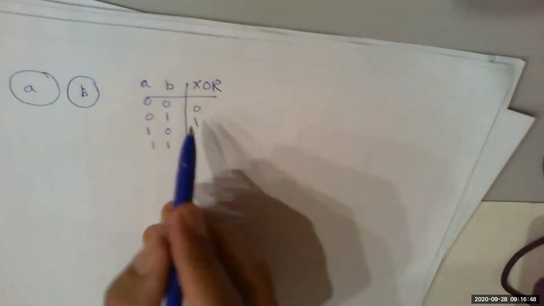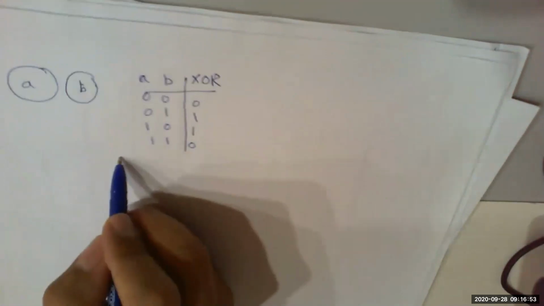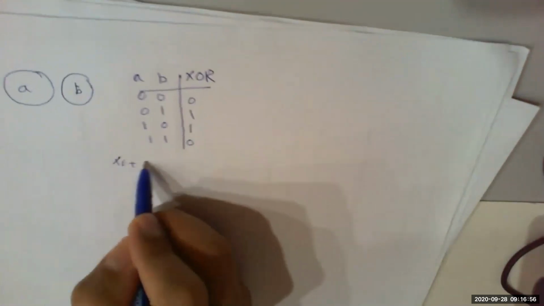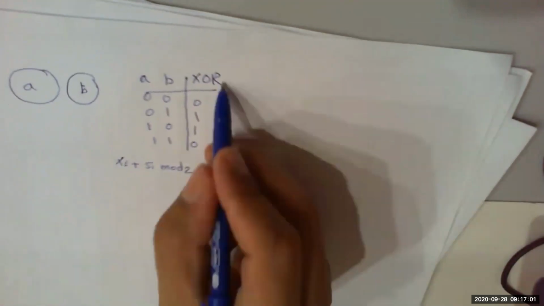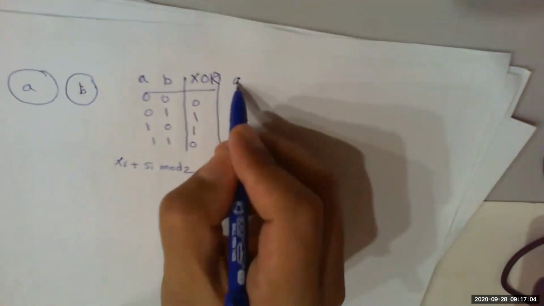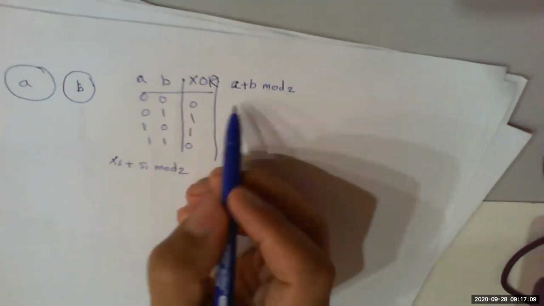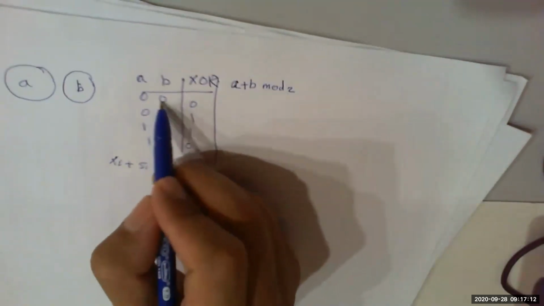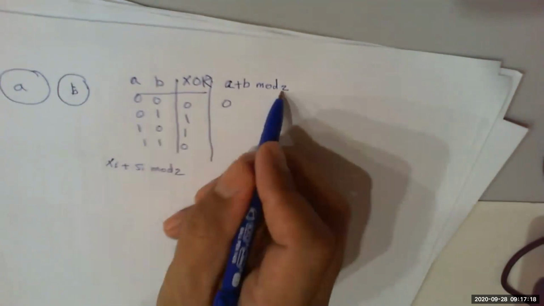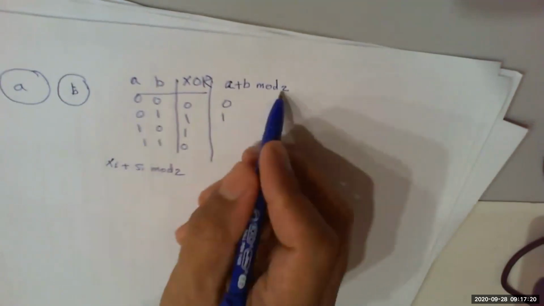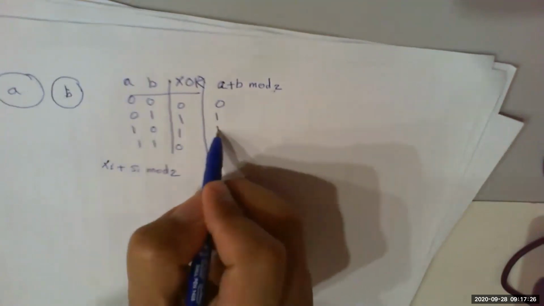We can achieve exactly the same functionality with this equation: Xi plus Si mod 2. So what about A plus B mod 2? 0, 0 mod 2 leads to 0. 0, 1 mod 2 will lead to 1 because 1 is less than 2. 1 plus 0 mod 2 will also lead to 1.